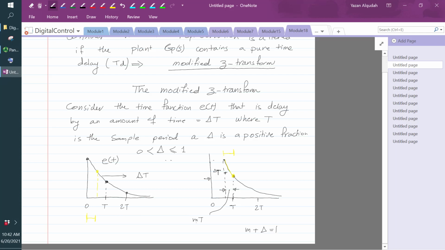So if I delay the signal by delta, the time from the delayed signal to the time I take the sample is defined as m multiplied by t. So this time here, I don't know if the graph is clear or we have to redraw it. This time is m multiplied by t. This time here is delta multiplied by t. Together, m multiplied by t plus delta multiplied by t is equal to t. M plus delta is equal to 1.